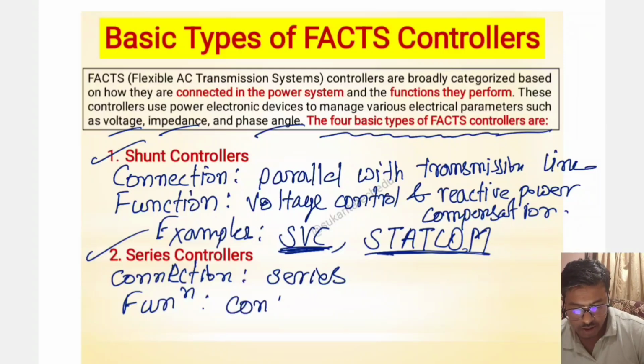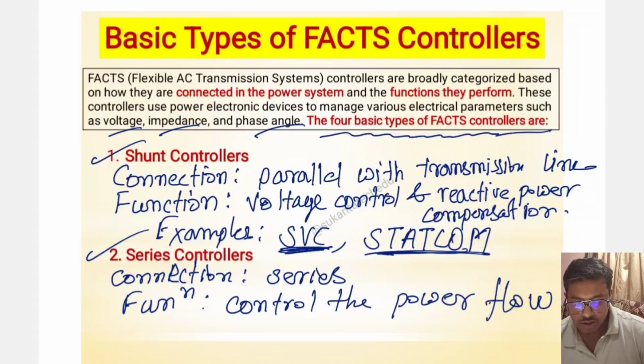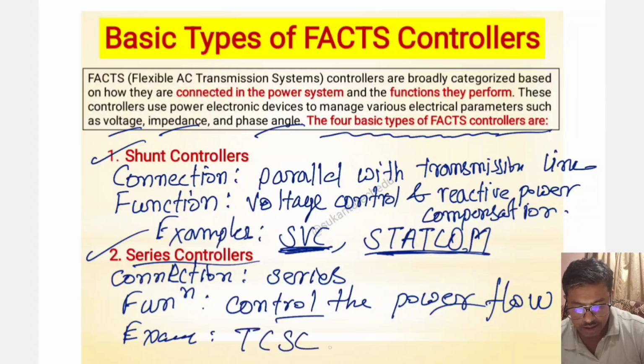The series controller's main function is to control the power flow. And the examples: TCSC, the thyristor controlled series capacitor, then SSSC, the static synchronous series compensator. So these are the examples of series controllers.